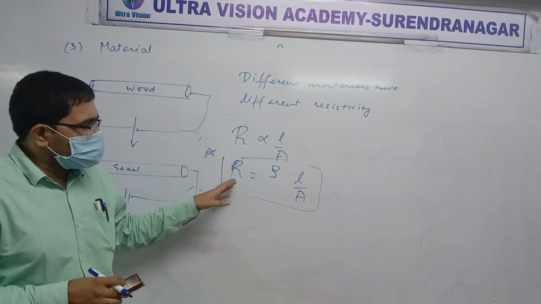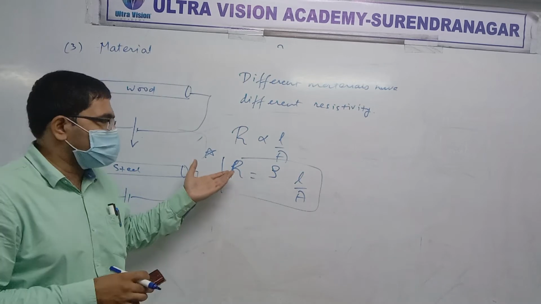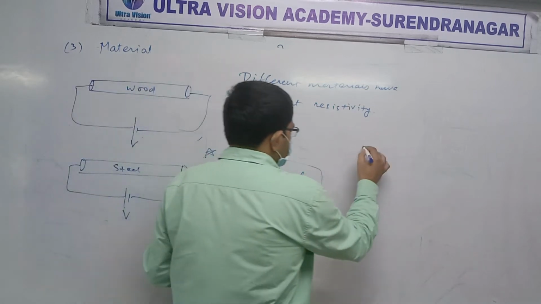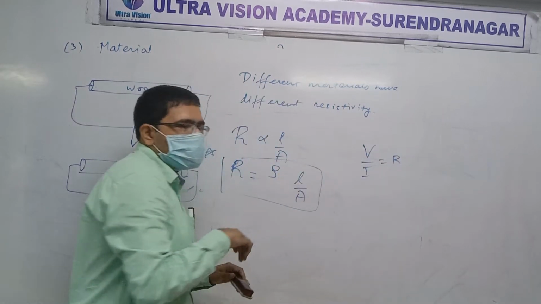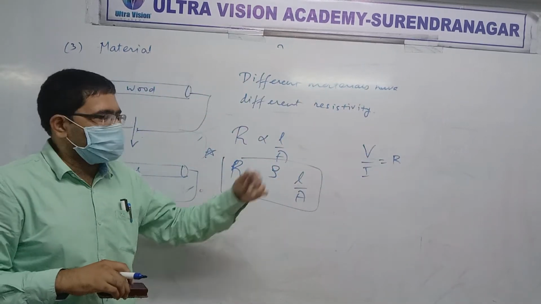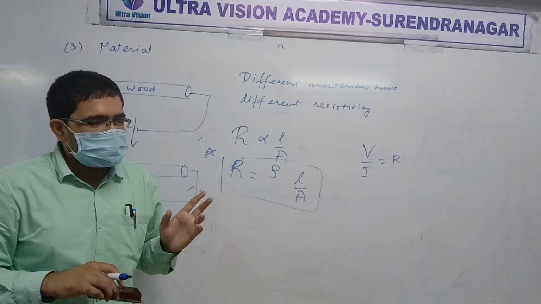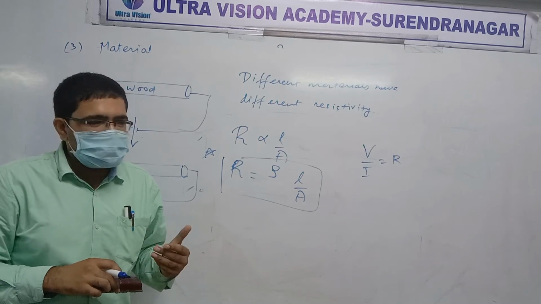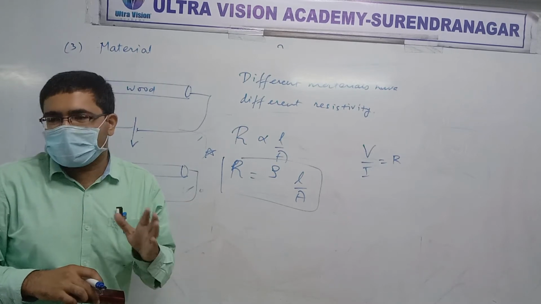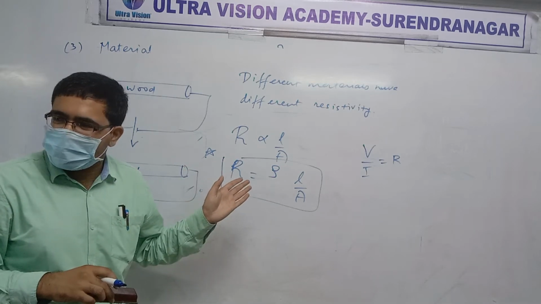So you should learn how to find the dimensional formula of everything. For example, if you want to find the dimensional formula of resistance, you can go by V upon I is equal to R. But for that you need to know the dimensions of voltage or potential. Is that clear? There are so many quantities for which you need to find the dimensional formula. So make sure you know that. You will not be able to remember them all. There are so many, you will forget it eventually.